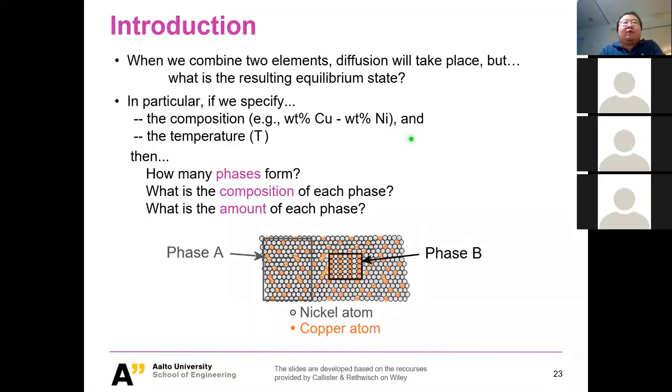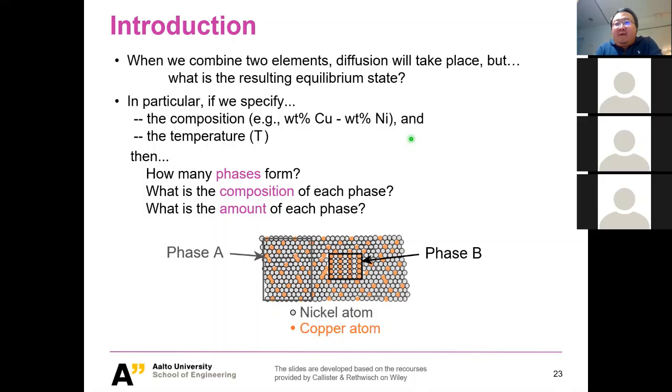All right. So a small introduction, as I always do, guided by a few questions. You have just learned about diffusion. So now you finally understand that when we have atom A and atom B and we combine them, they would start diffusion, right? And we only talk about ideal or extreme cases for you to be able to apply the few equations that describe them.